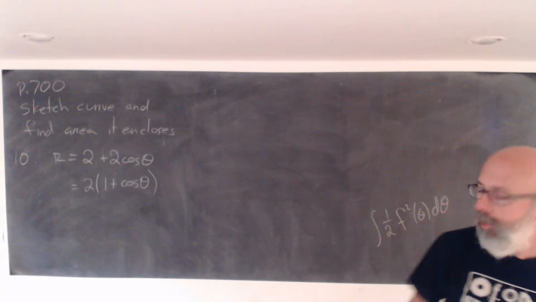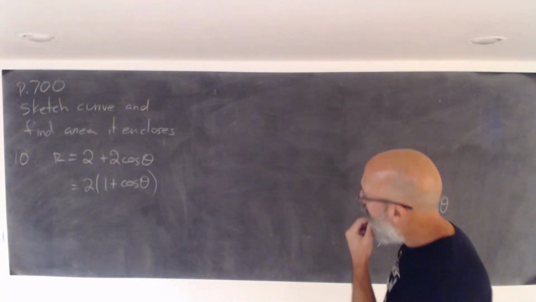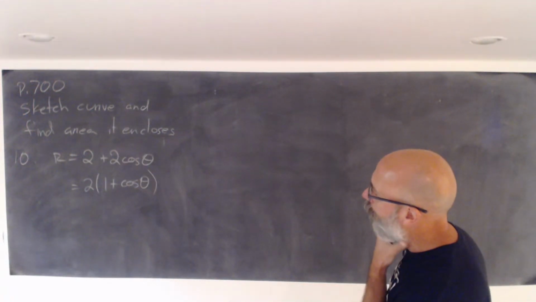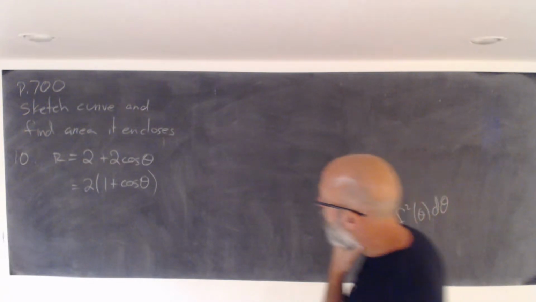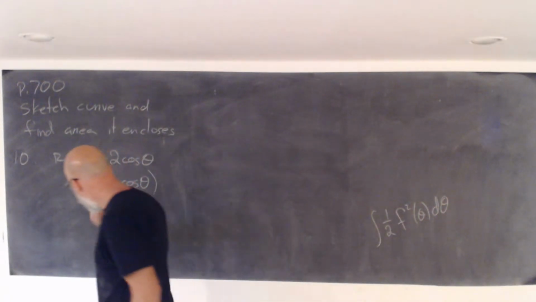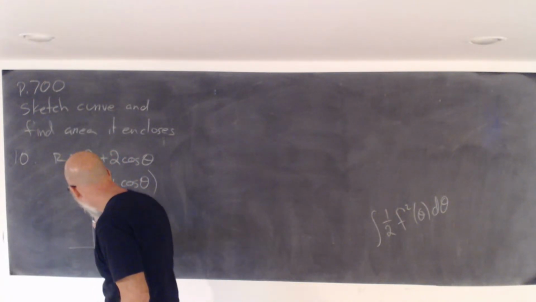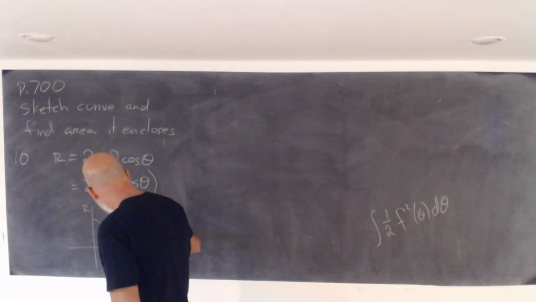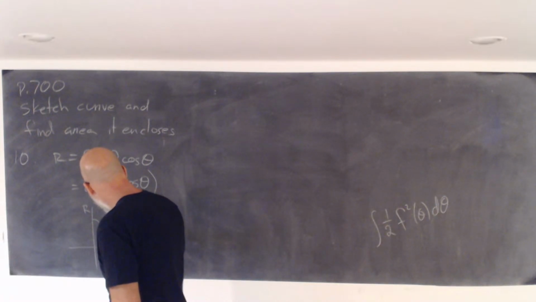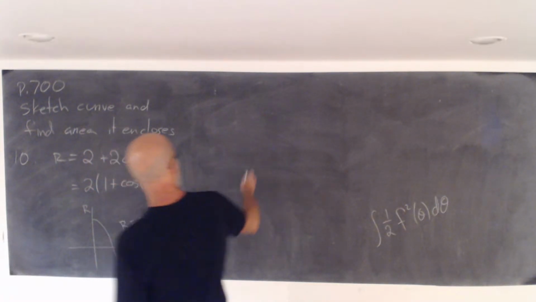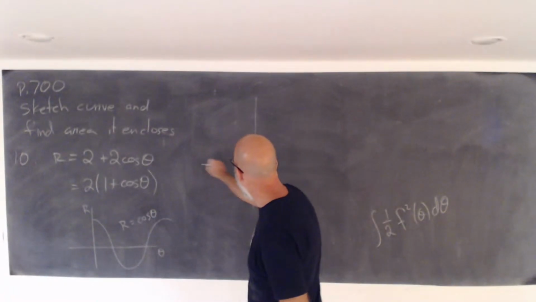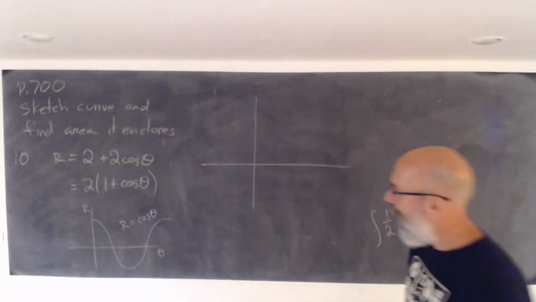It's twice the length from the origin. And again, you know what the graph of cos looks like. So let's make use of that in graphing our function.